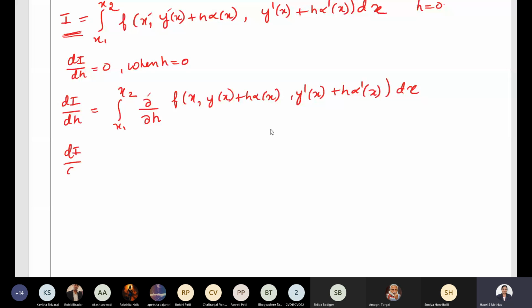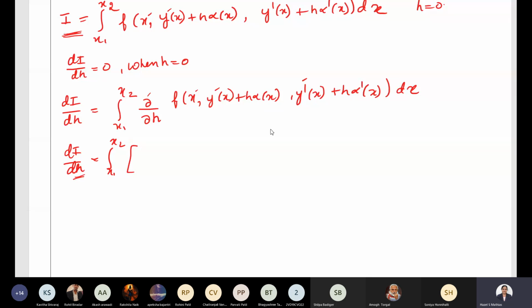So dI by dh will be the integral from x1 to x2. What will be the partial differentiation? F has x, y and y dash, and moreover we are differentiating I with respect to h.